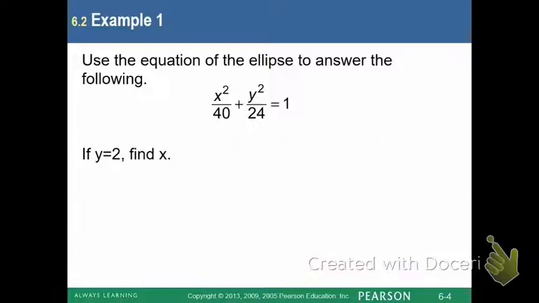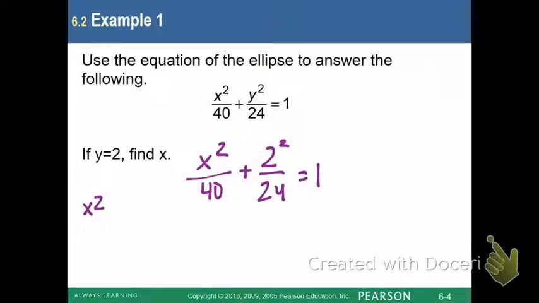Okay. And then same type of thing. Now it gives us a y value. So if y is equal to 2, go ahead and find x. So same strategy here. So I'm plugging in the 2 for y. So I'll get x squared over 40 plus 2 squared, so 4 over 24 equals 1.